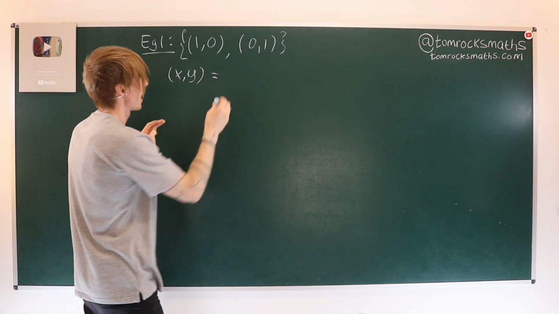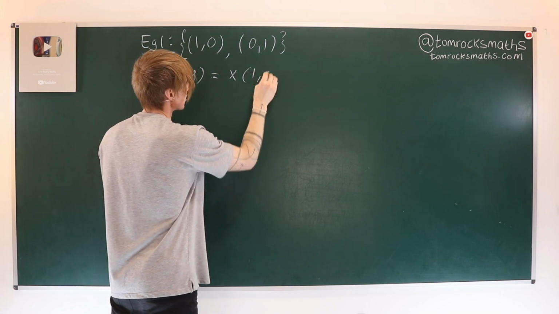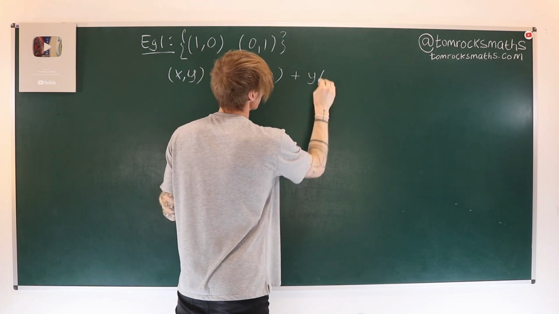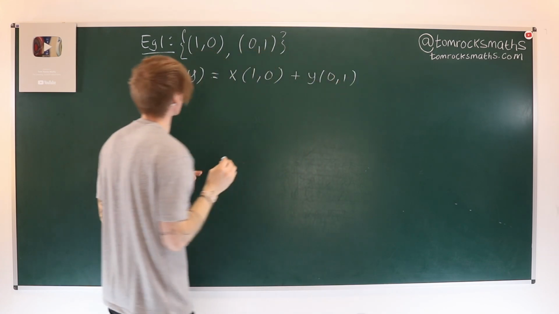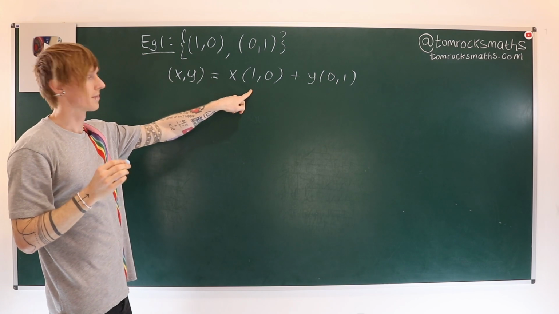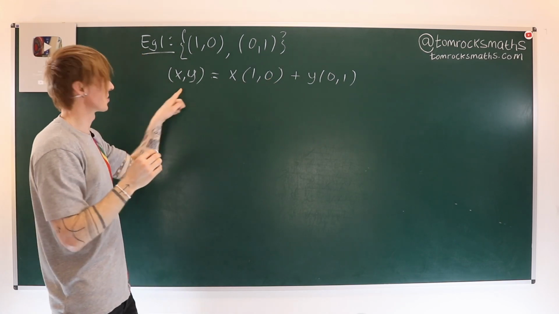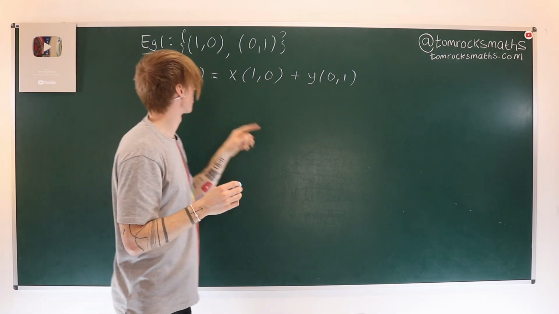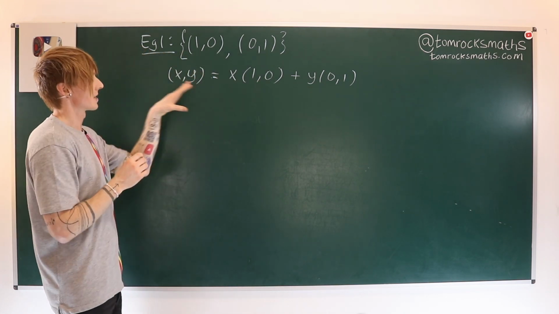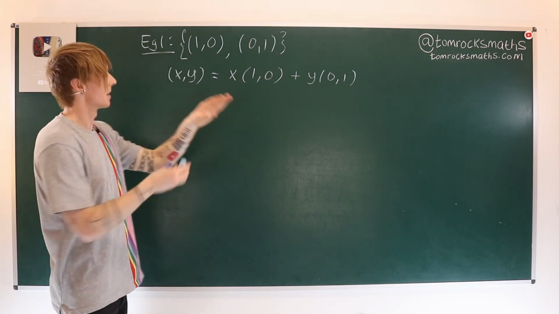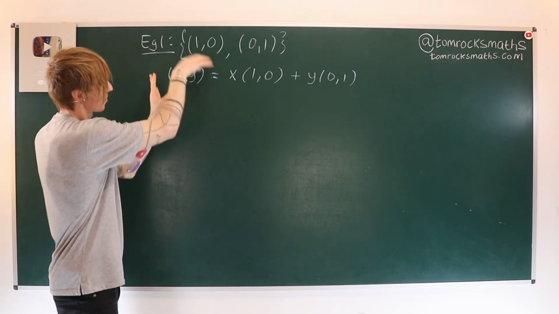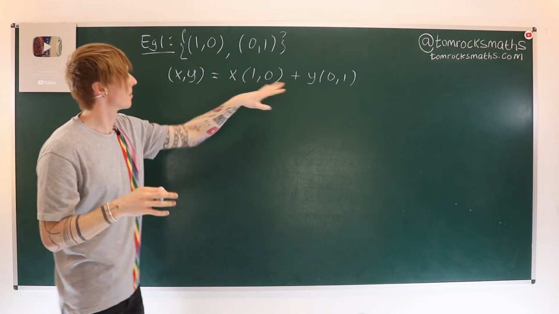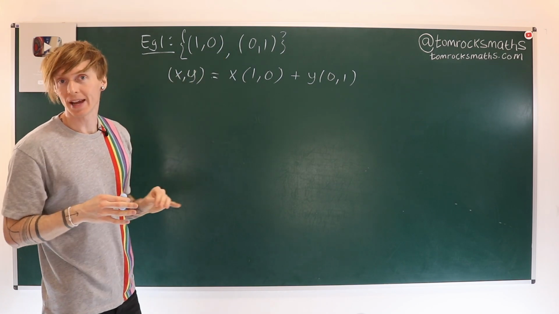You just take x of the first basis vector and add that to y of the second basis vector. x times 1 plus y times 0 gives you x, and x times 0 is 0 plus y times 1 gives you y. So we can see that this clearly is spanning, because any point (x, y) in the plane can be reached by taking this exact linear combination of my two vectors.